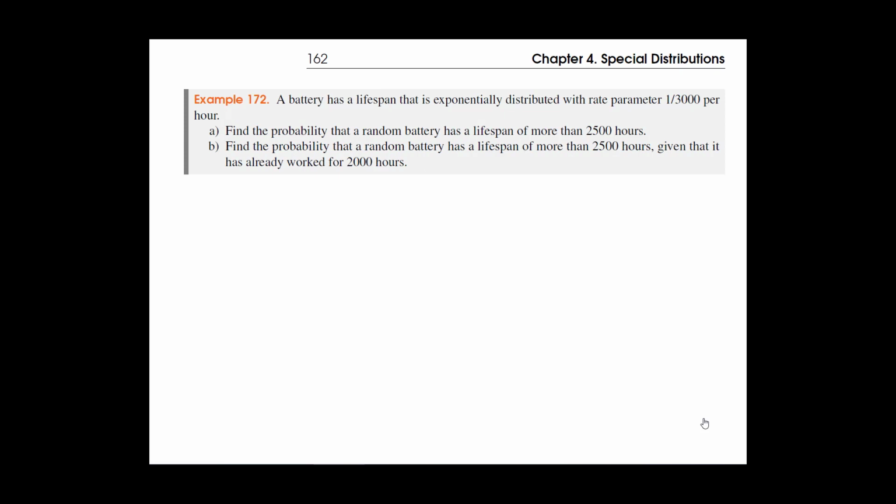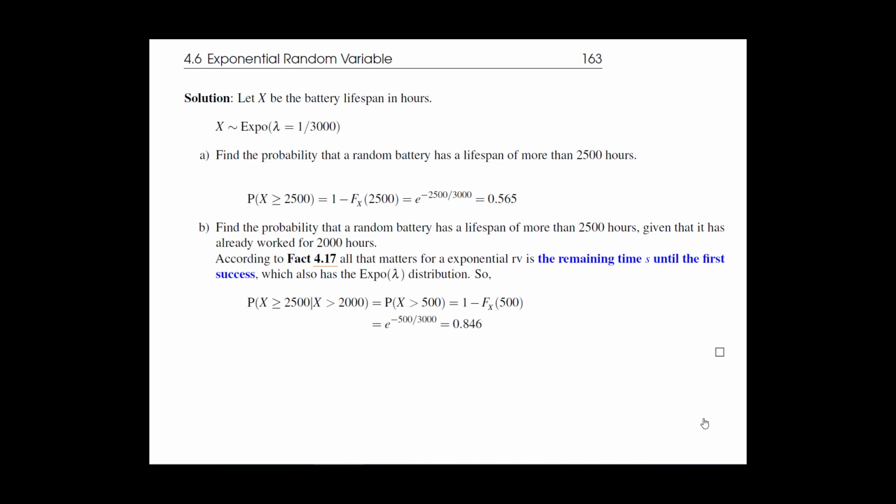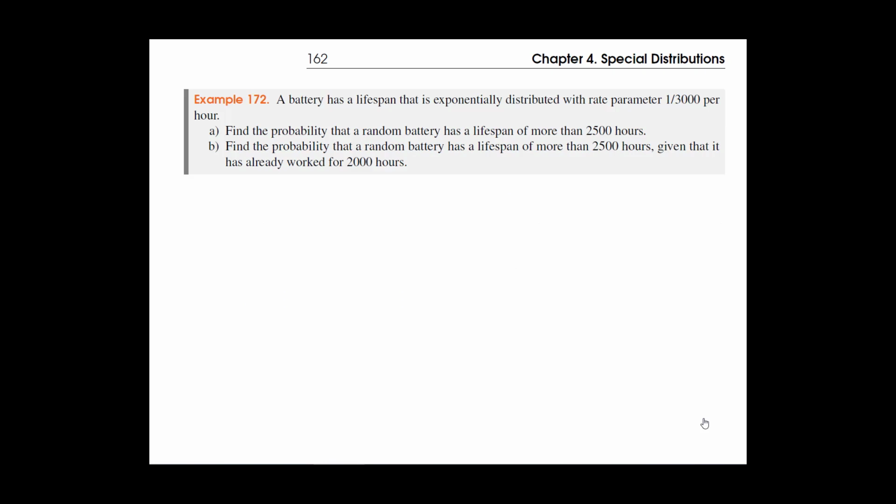All right, let's go through this one. So we have the life of a battery is exponentially distributed with this rate, because they tell you that the average duration time was 3,000. Oh, they gave you the parameter right away. Okay, so part A is really easy, just evaluate the CDF.